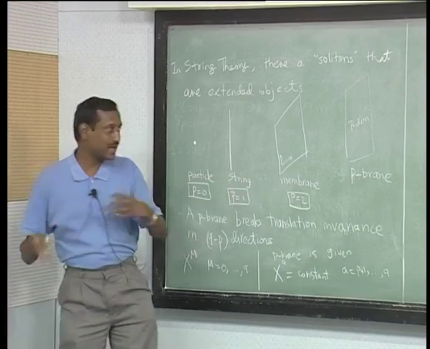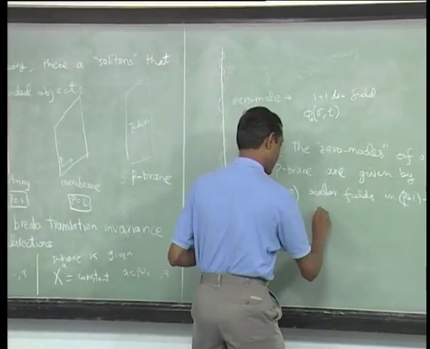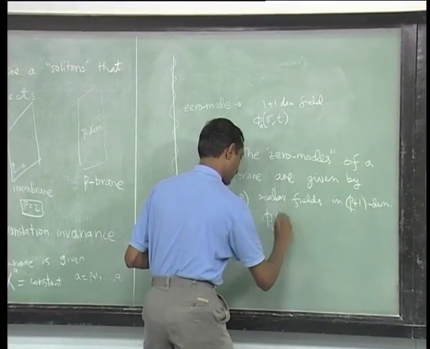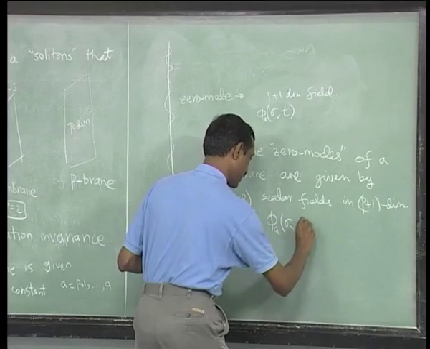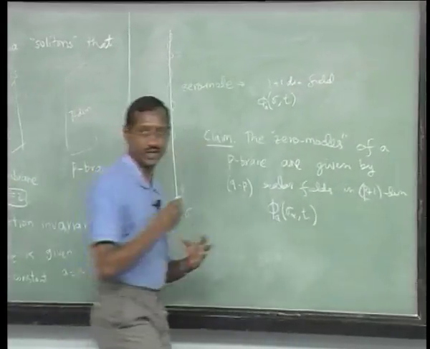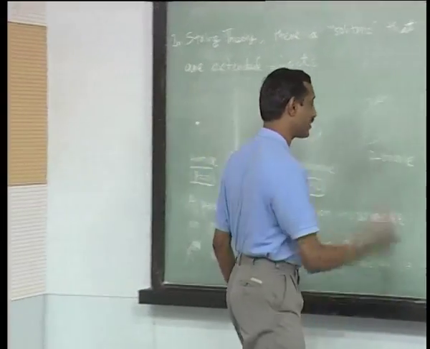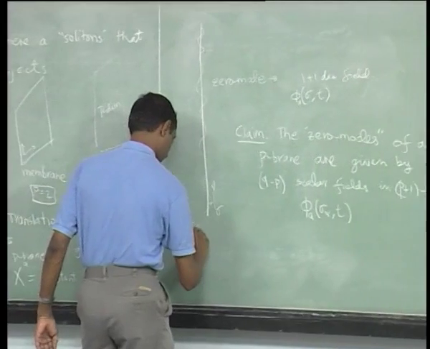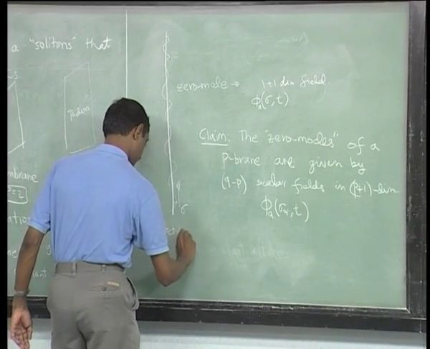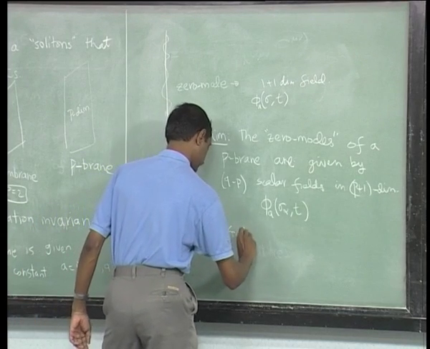So you will write things which are Lorentz invariant combinations of these phi a's. So you will end up getting phi a's of some sigma alphas and t, where sigmas are the coordinates on this thing. Okay. So we could write some effective action for this scalar field.